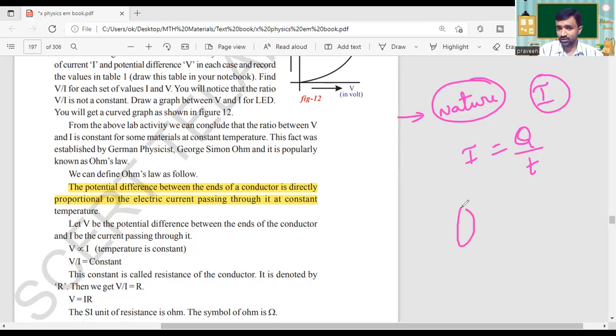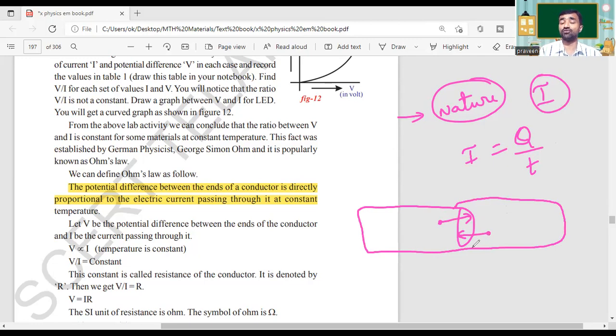So what amount of charge crosses the cross-sectional area here, from left to right and right to left, varies. That depends on the nature of the material. What nature? Simply allowing to pass, if it makes fewer collisions.